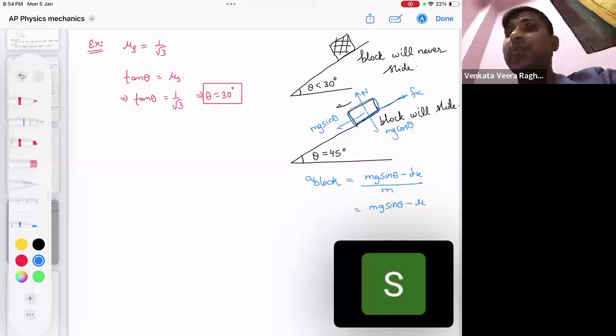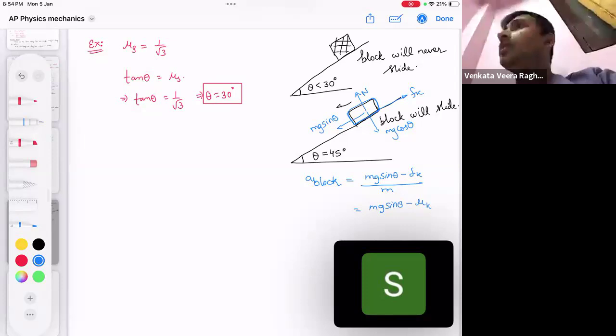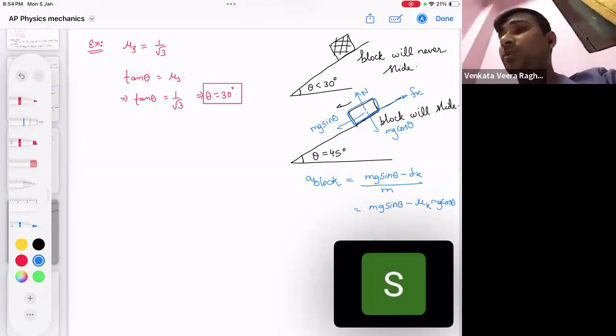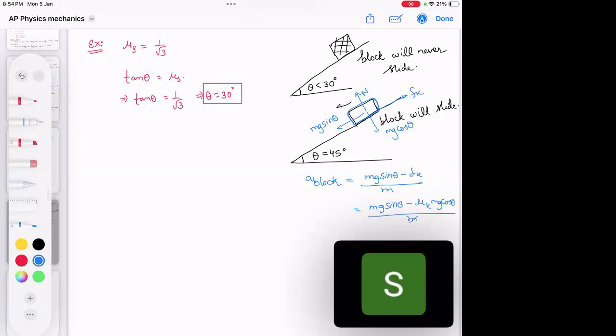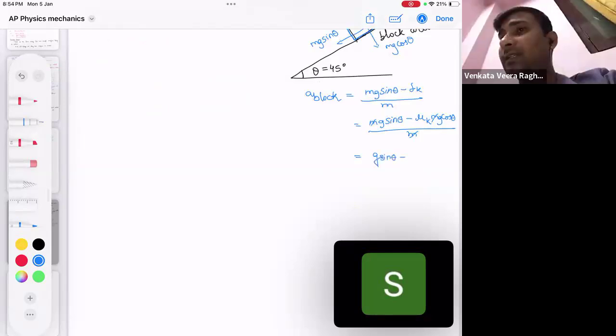So sometimes mu s and mu k are given same, so you can just replace it by mu. The mu k into normal. What is the normal? Normal is mg cos theta divided by mass. Cancel out the mass from everywhere. So what is the acceleration of the block? We got it. g sin theta minus mu k into g cos theta.